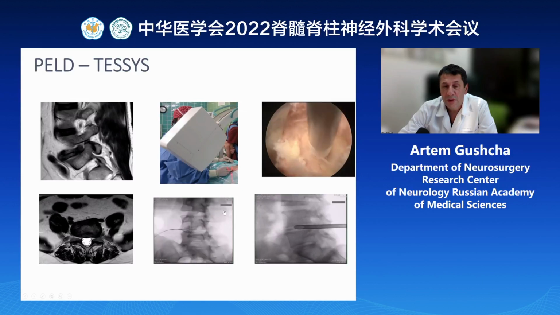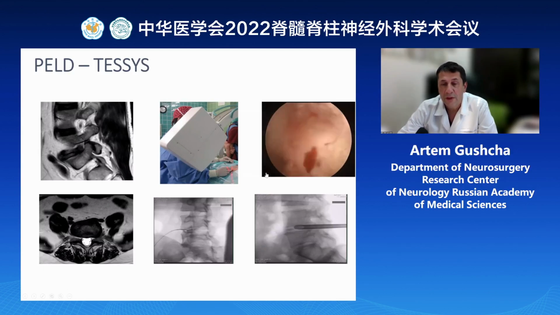And if we're doing the transforaminal approach, we normally position the cannula, check the level, and actually half of this procedure is done by fluoroscopic navigation. So via the cannula, we can remove part of the annulus fibrosus, then remove the herniated disc in a lateral way.